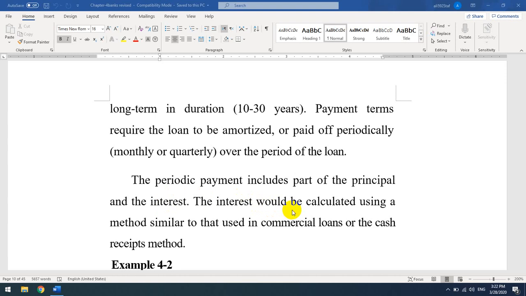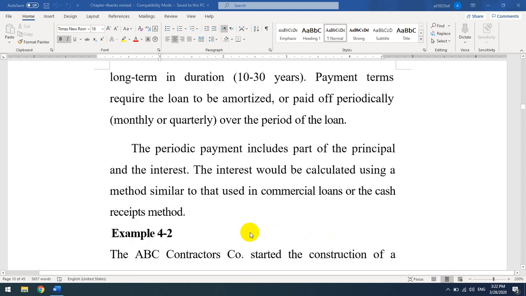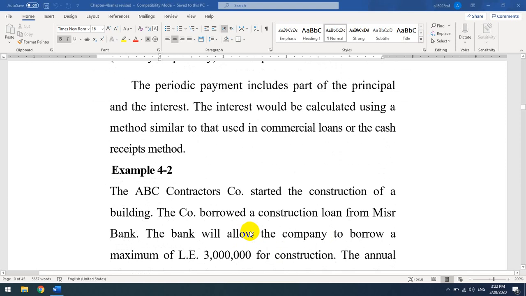The interest would be calculated using a method similar to that used in commercial loans, or the cash receipts method. Let us take an example for each type of loans.